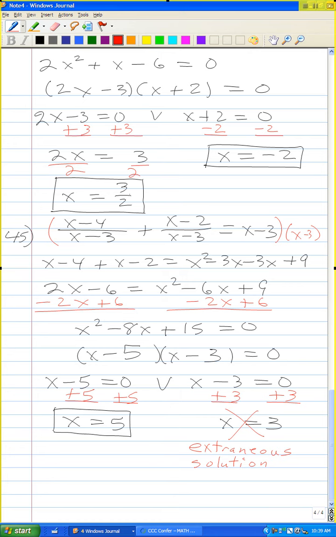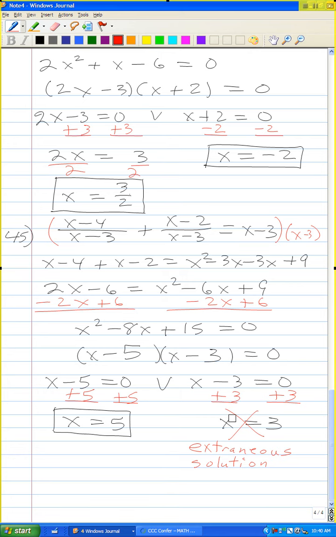It occasionally goes astray, and we get solutions that actually don't work. So I have to check in the original problem to see that the solution that I've obtained through this technique actually works. Because sometimes the solution that I obtained just doesn't work, as in this case.